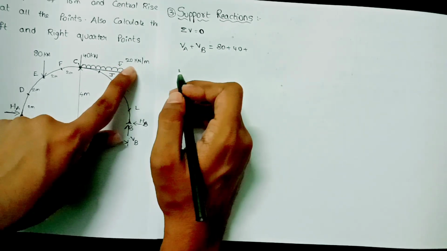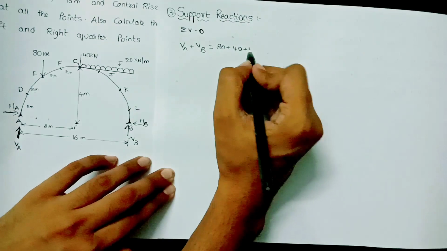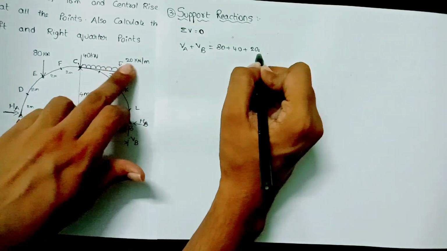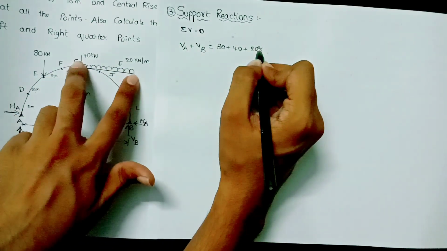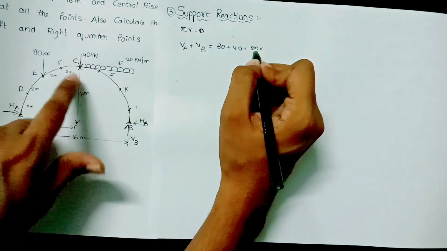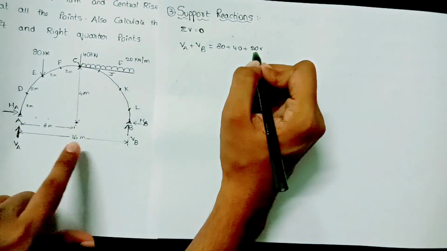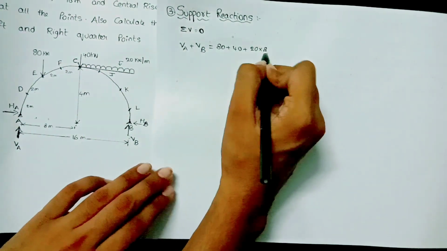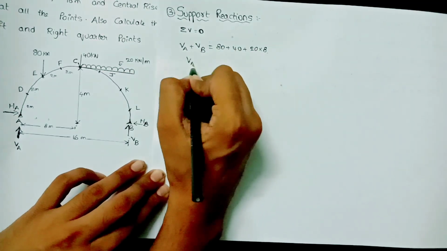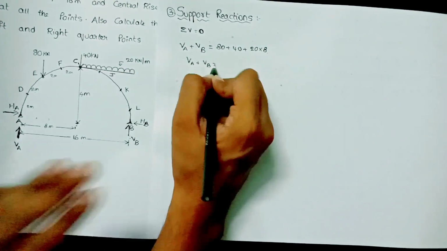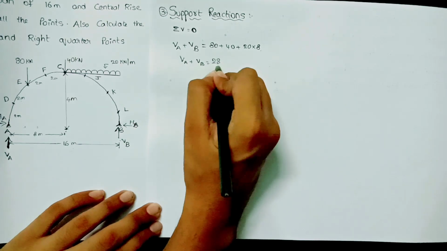To convert this UDL into a point load, I should multiply the load intensity, 20, by the length over which it is acting. It is acting over the right half span, that is 8 meters. So you will get the equation VA plus VB equal to 280 kilonewton.